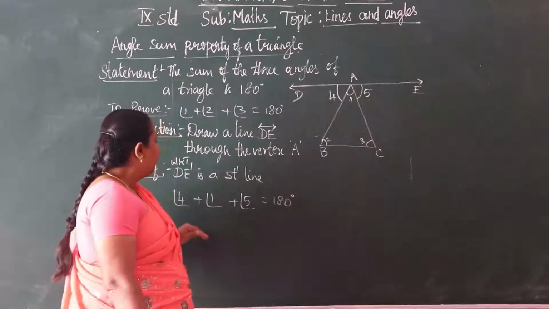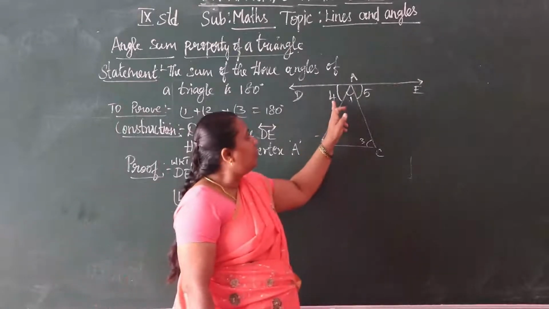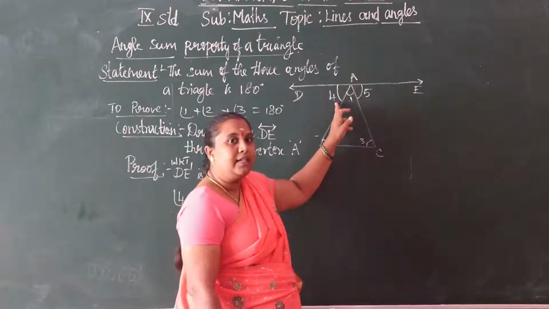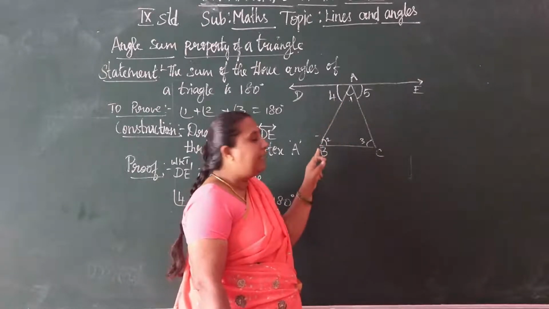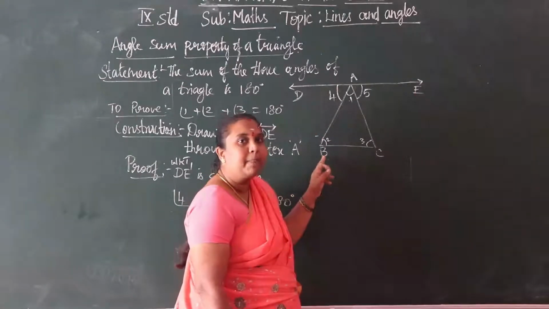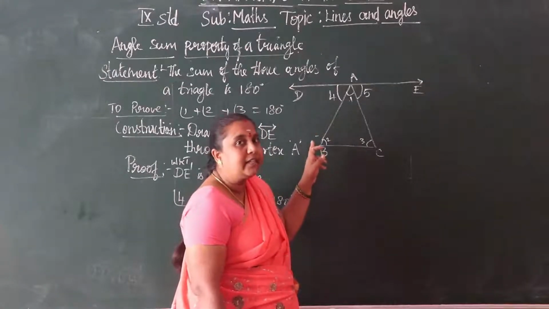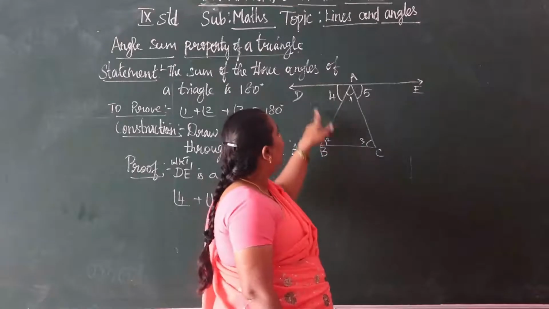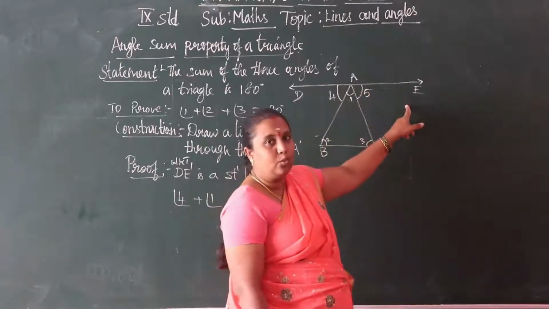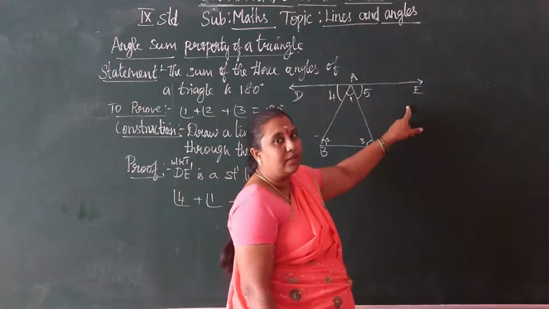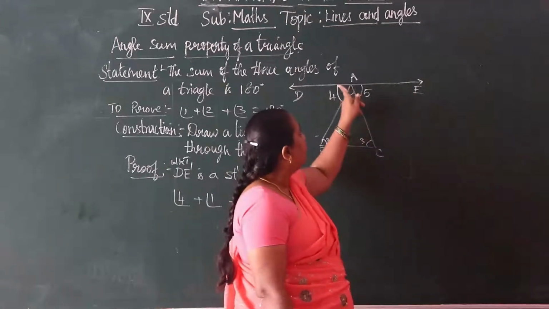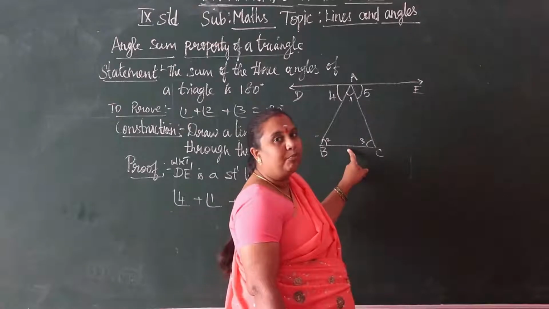Now next. We know that, it is familiar, angle 4 equals to angle 2 by what? Alternate angles. Here we draw a straight line DE through the vertex A, so DE is parallel to BC.